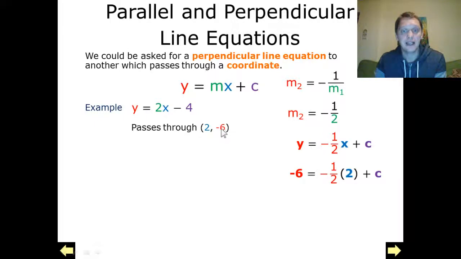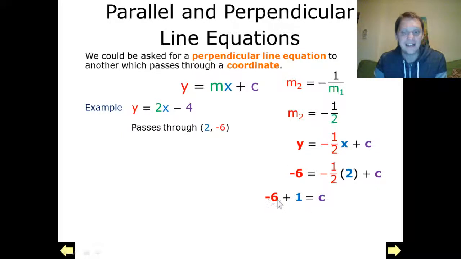Substituting in my negative 6 for my y, substituting in my 2 for my x, and then multiplying out. Negative a half times 2 will give me negative 1. If I took my negative 1 from the right hand side over to the left hand side, it'll become plus 1.